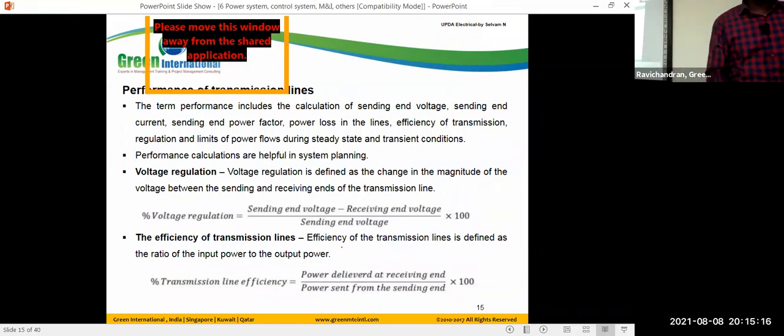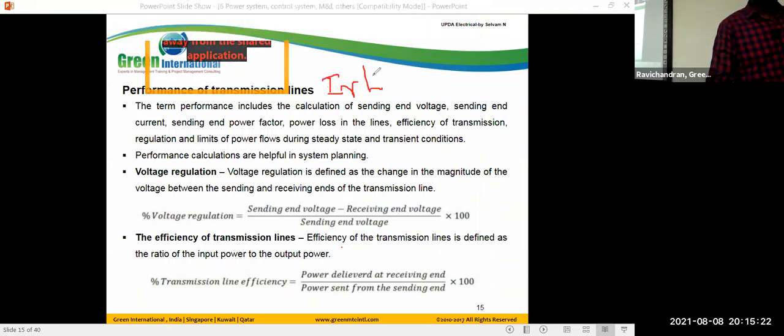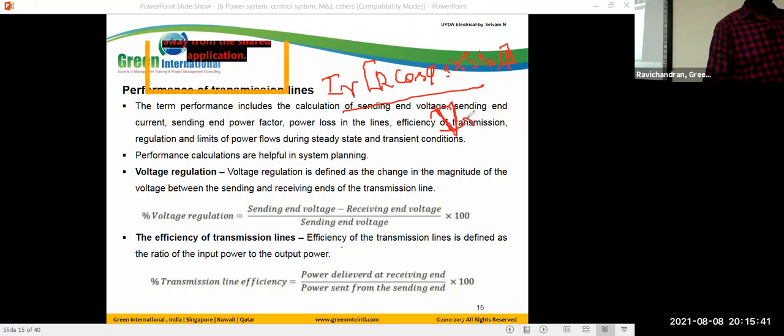In the previous class we discussed this formula in the transformer. This is the formula for percentage regulation.